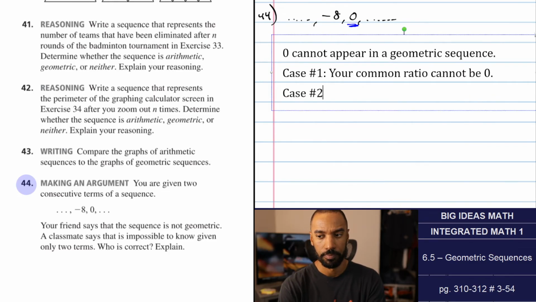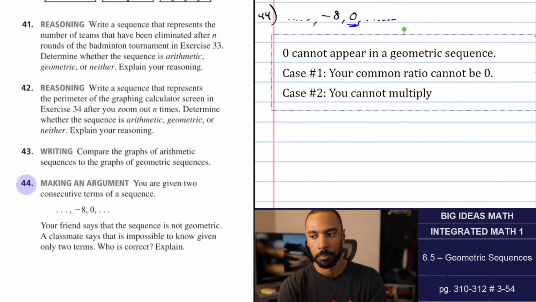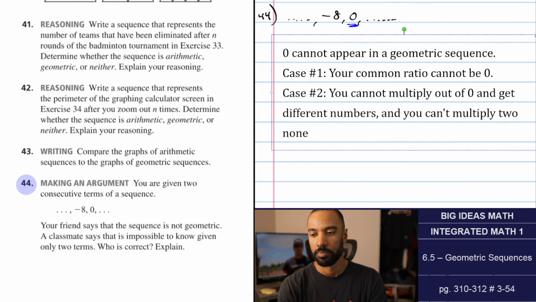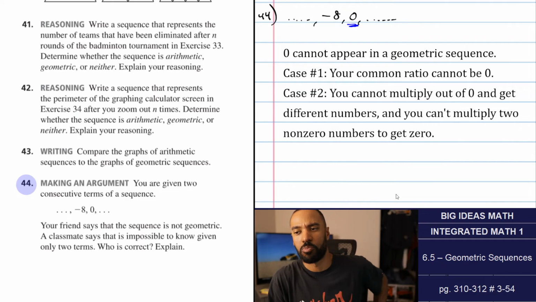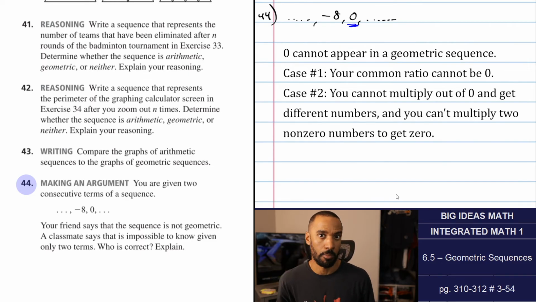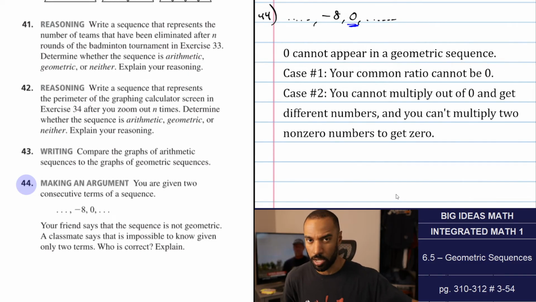And case number 2, you cannot multiply out of 0 and get different numbers. And you can't multiply 2 non-zero numbers to get 0. I know I'm not explaining that one best, but basically once I hit 0 in a geometric sequence, every number after would have to be 0, either because I'm multiplying by 0 to begin with, or I'm multiplying from 0 thereafter. And that's just not going to happen.